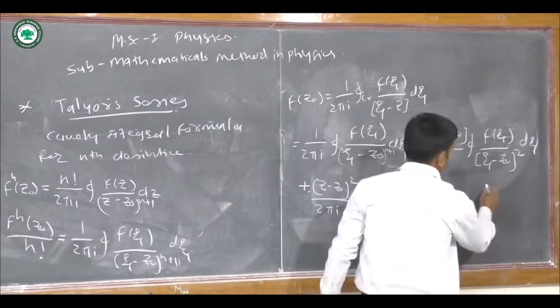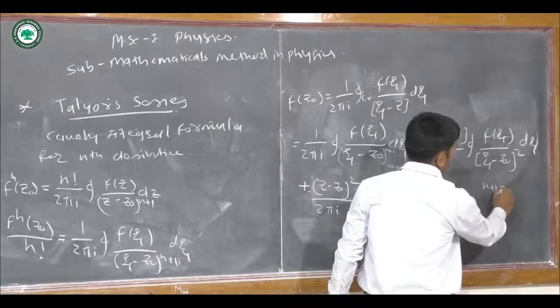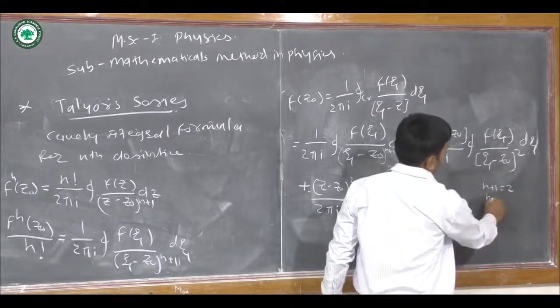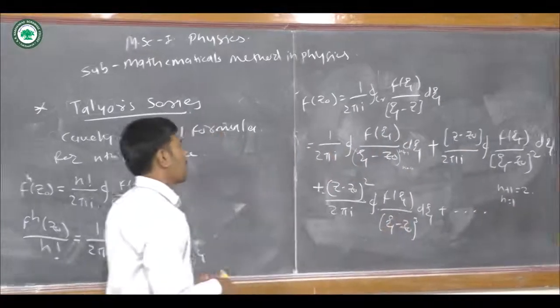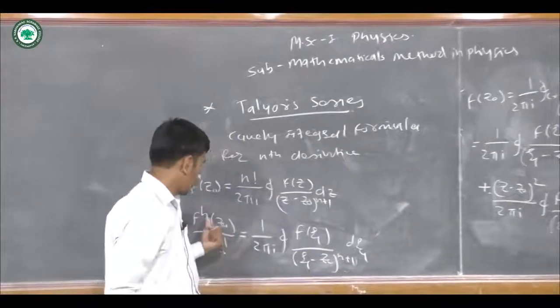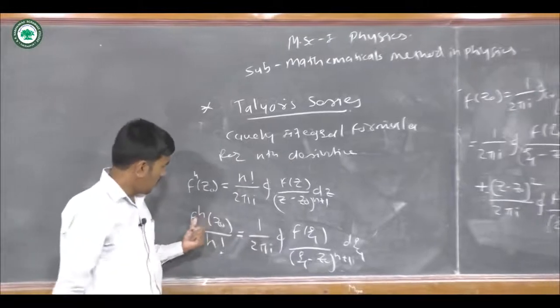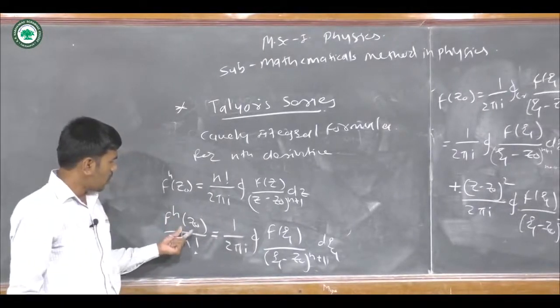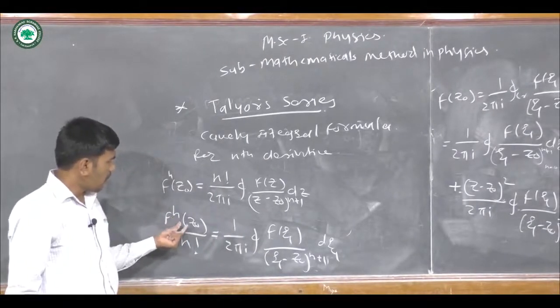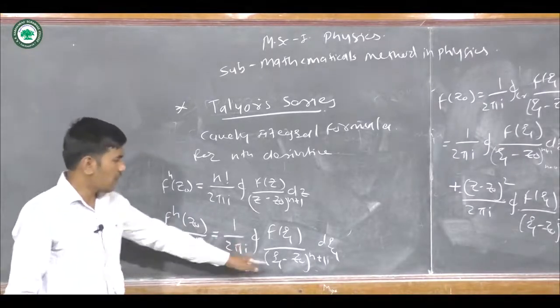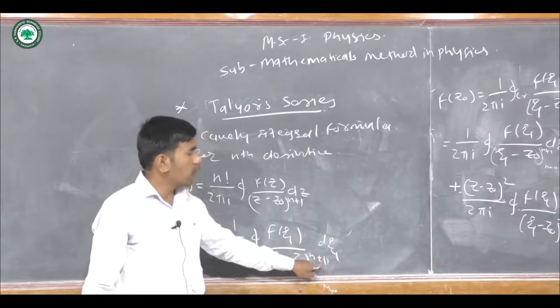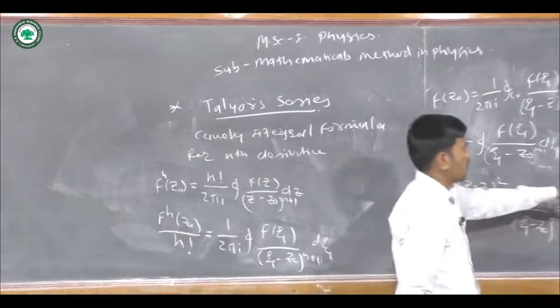So this n plus 1 is equal to 2, so n is equal to 1. So here this is the first order derivative of f of z naught. So n becomes 1, f prime z naught divided by 1 factorial, and these things.